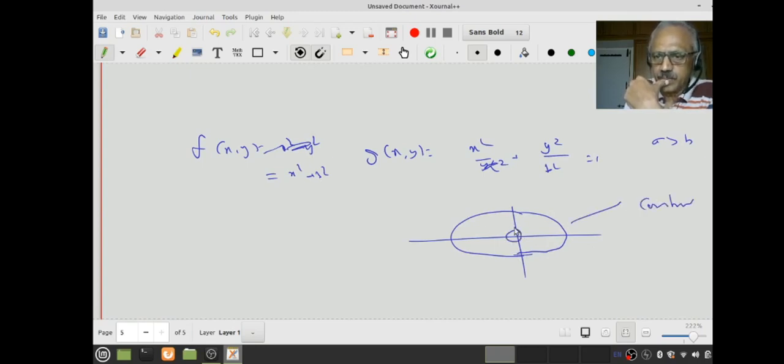Now what do I do? I keep on drawing. Now you will see this point, some kind of local maxima or minima subject to the constraint. So let me write down the constraint. This is the constraint, and these are the circles. And again I can go bigger, and finally I will get something which will be tangential to this.